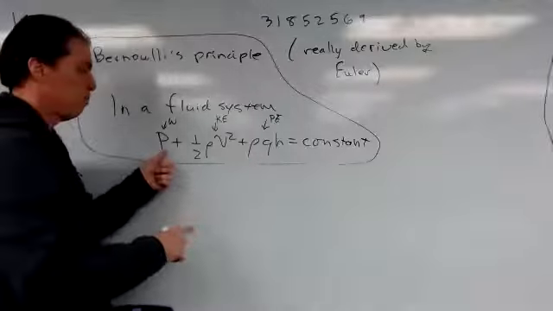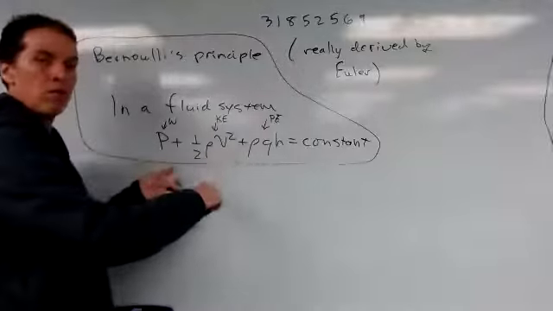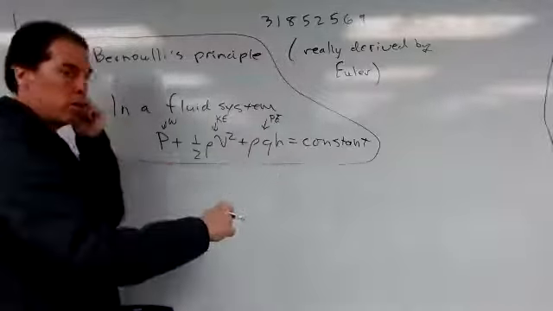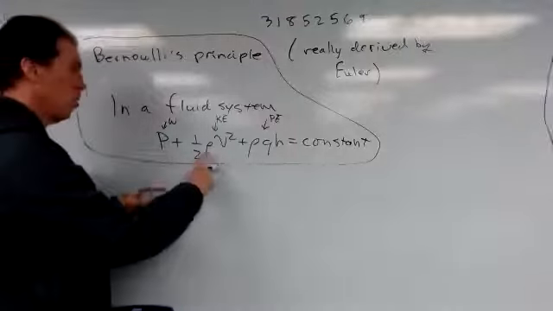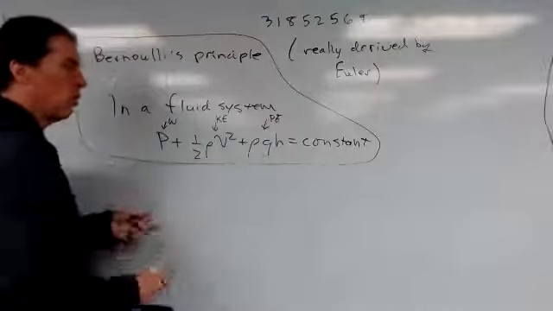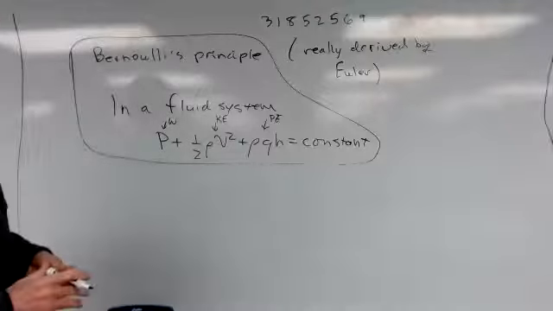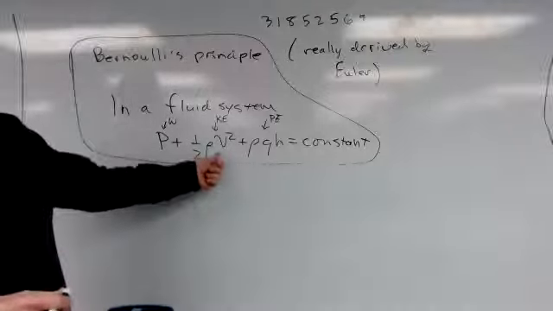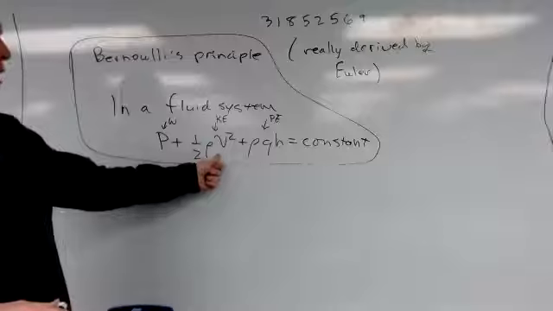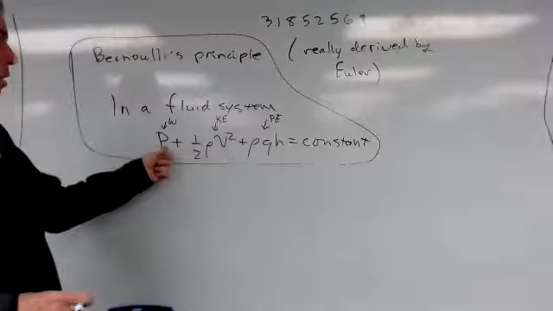And in places where the pressure is low, one or both of these guys is high. As you move through the fluid, you can get regions where these two guys are 0 and this is big, or these two guys are 0, this is big, and so on. And so in an airplane wing, in regions where the speed is low, the pressure is high.